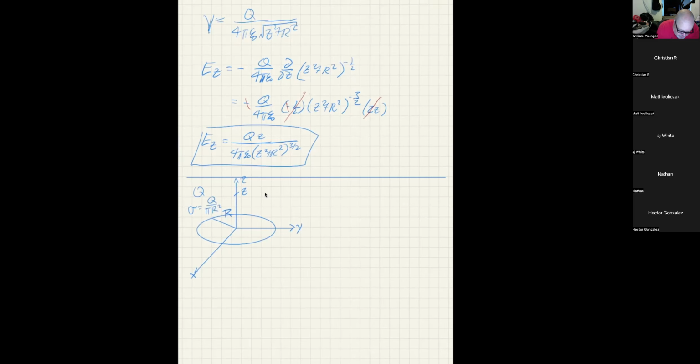So I'm going to draw a little differential area element. And the width, or thickness, if you will, of that area element is going to be dr. Okay, and the radius, of course, of that little inner part is going to be just R.